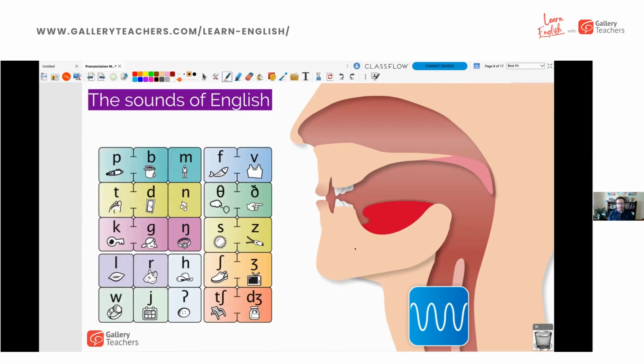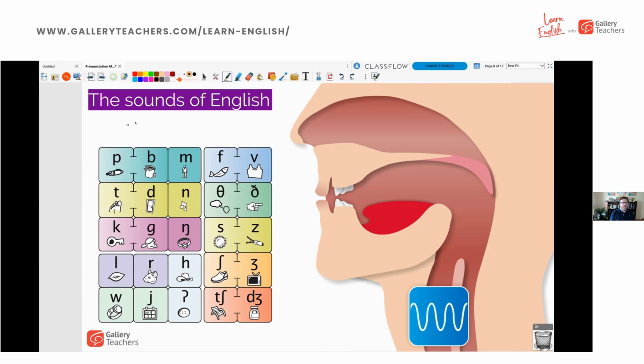Next, we have the consonant sounds. For the consonant sounds, we're going to use a combination of our tongue and different parts of our mouth. Yeah, so Ashik, this is not the alphabet of English. So we don't use these letters or these symbols to write words.